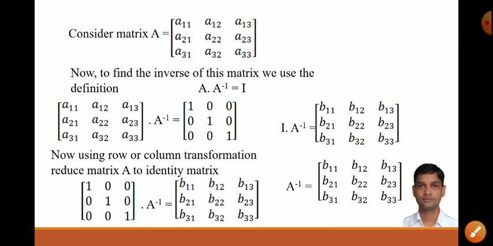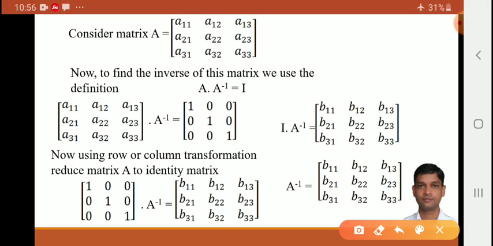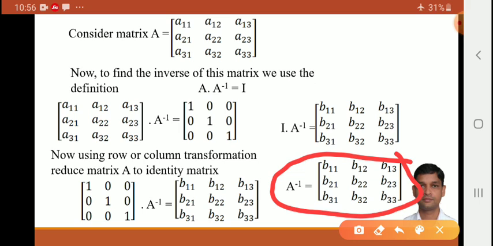So I into A inverse is A inverse, and this matrix we will keep as it is. So this is now the inverse of A, that is, A inverse of this matrix. Okay, so this procedure we have to follow.